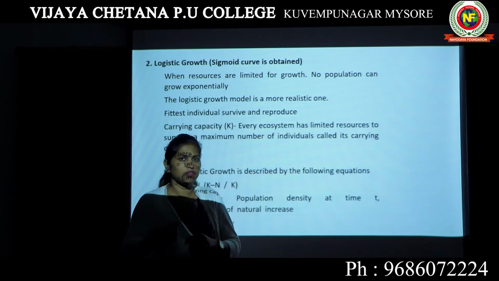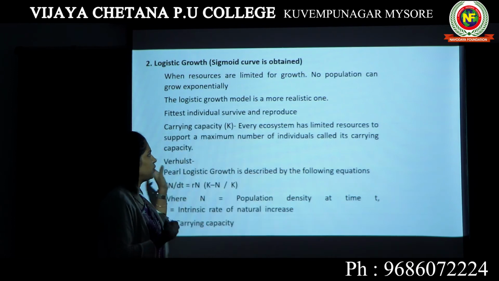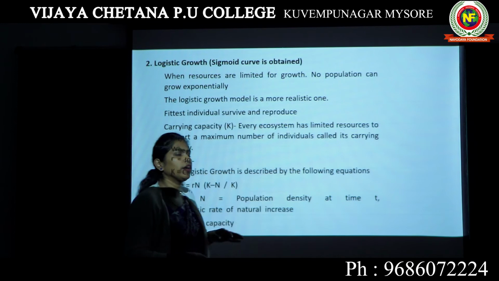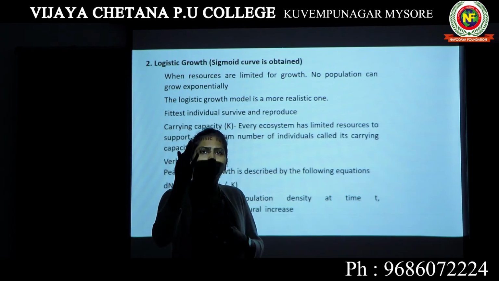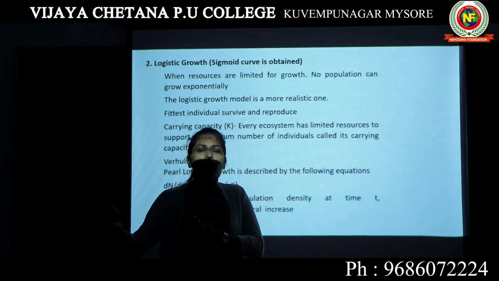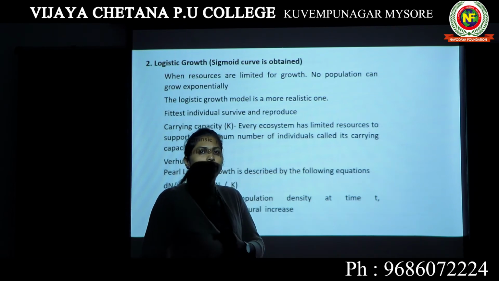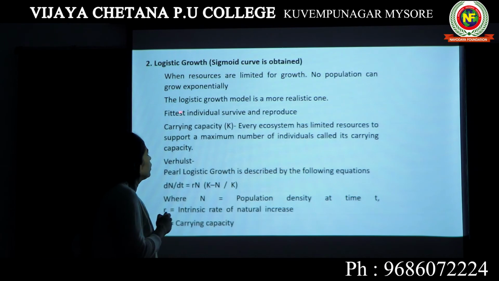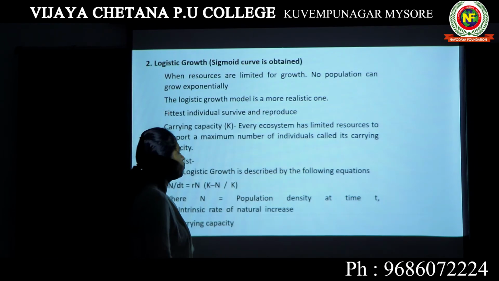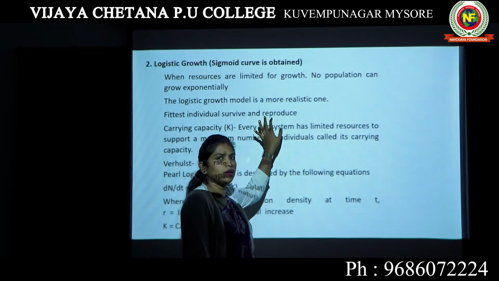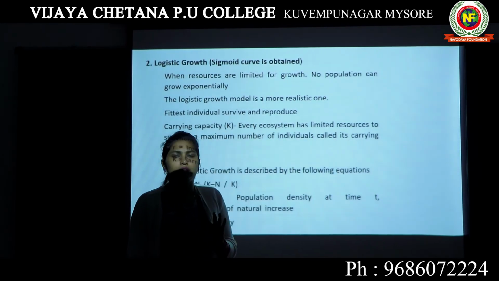When I say they survive, they make use of the resource, and they start growing. Not only by size, they reproduce and produce more and more individuals. So the fittest individual will survive and reproduce. This is what Charles Darwin has said, survival of the fittest.